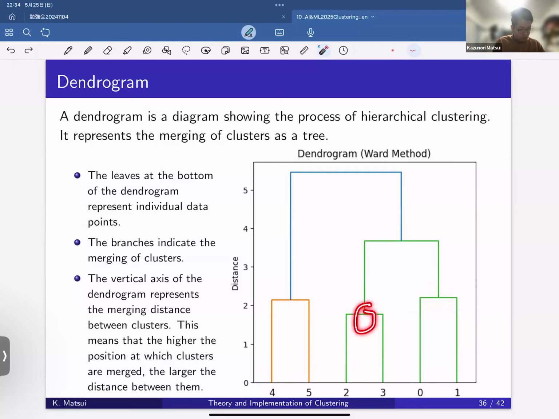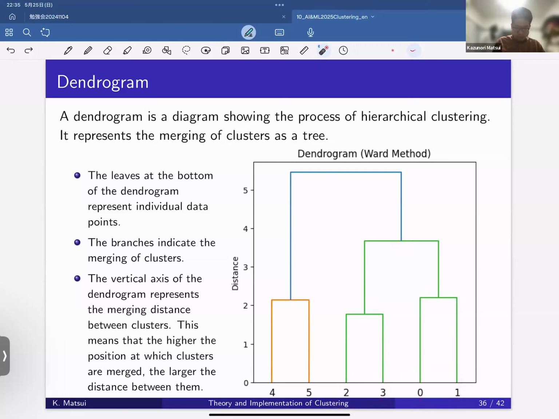For example, in this case, 2 and 3 merge first, then 0 and 1, and 4 and 5 merge at about the same timing. Then the cluster of 0 and 1 and the cluster of 2 and 3 merge.